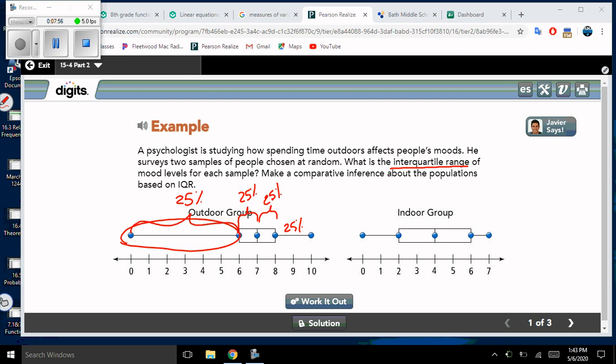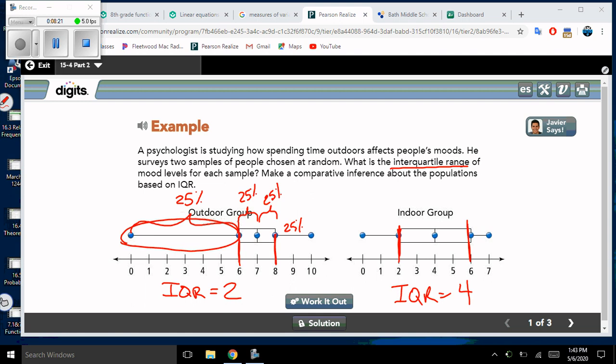So what we're going to find here is our IQR on this one could be found by looking at the length of the box. So length of the box appears to be about 2. On the indoor group, the length of the box, or the IQR, appears to be about 4. Okay, so 6 minus 2 on that one, and then 8 minus 6 on the previous one.